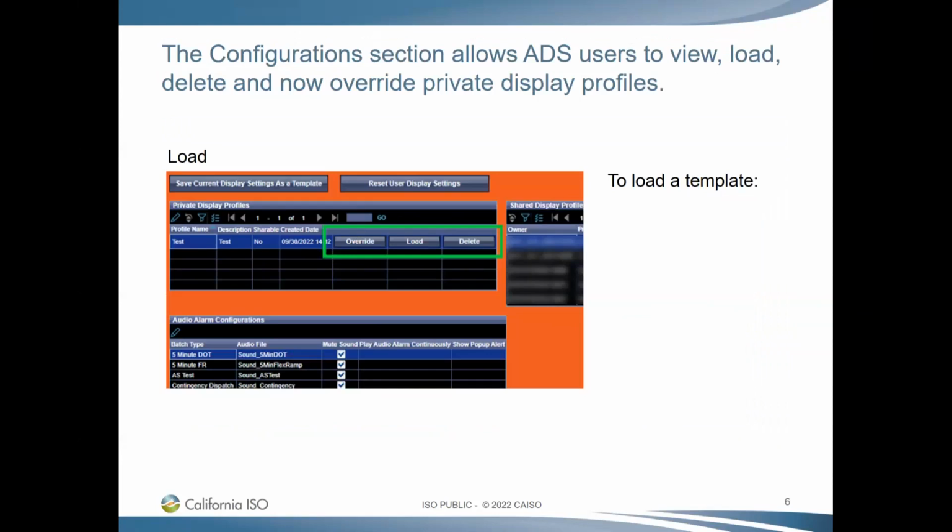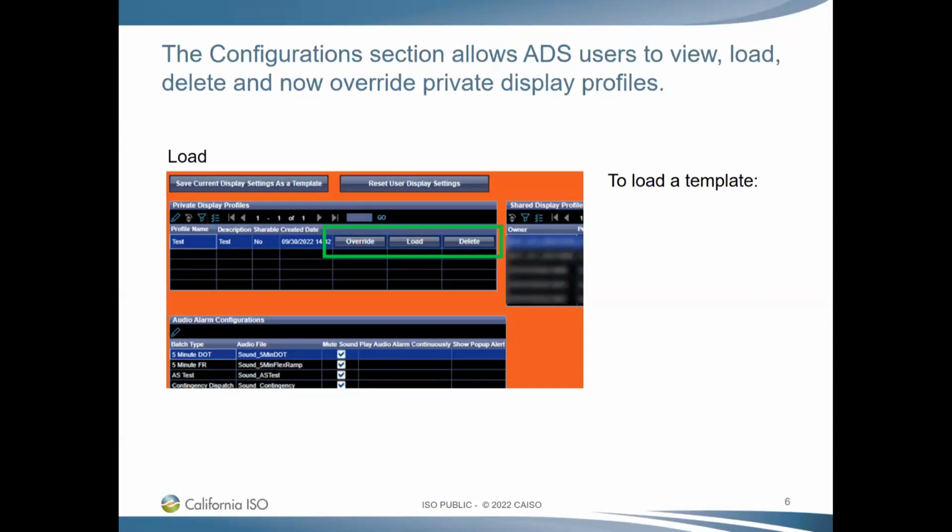Once you're in the Configuration section, this allows ADS users to view, load, and delete their private display profiles. But now with this additional update, you also have the ability to update your private display profiles using an override setting.